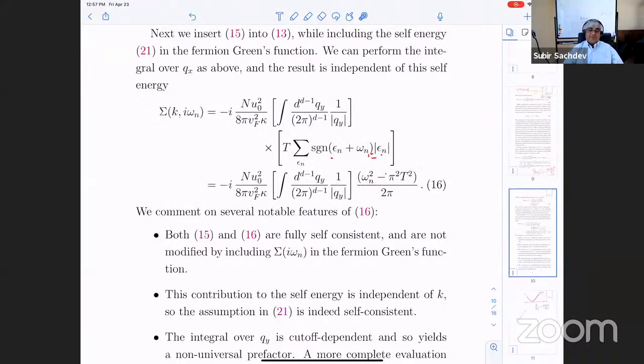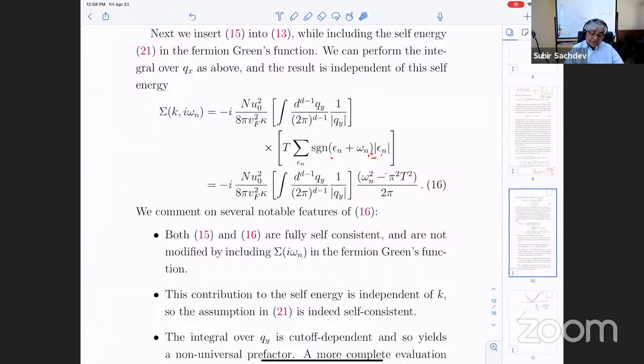So you can even do the summation at finite temperature, or you can just do the integral. It's just equal to this for any temperature.